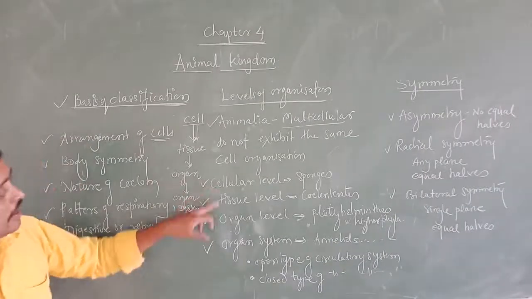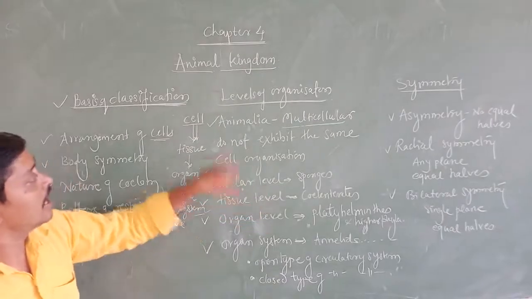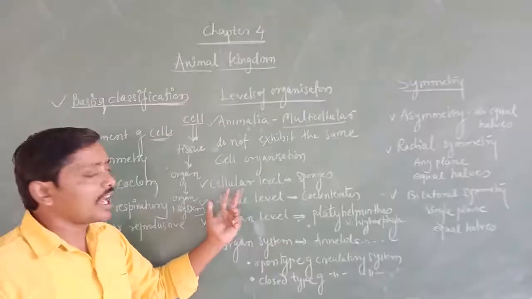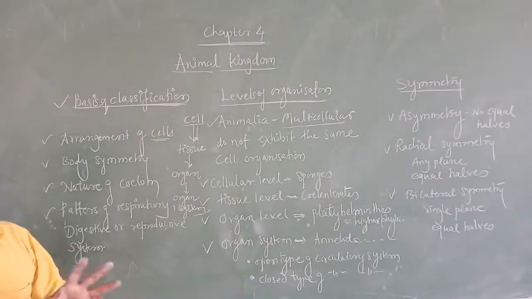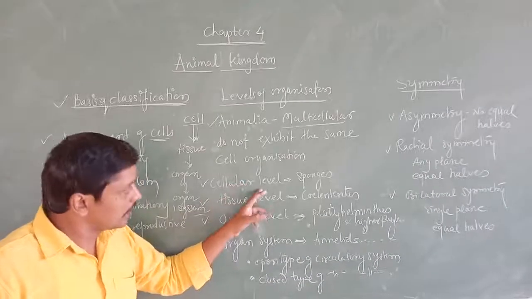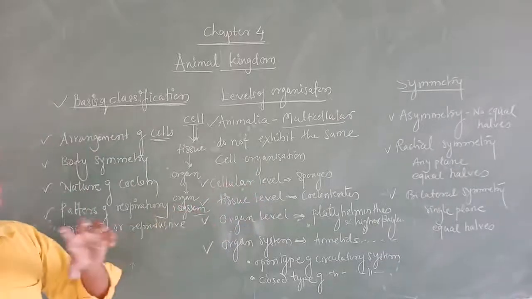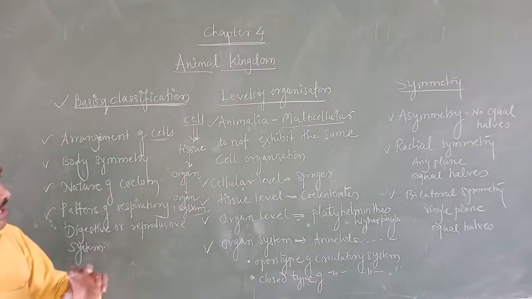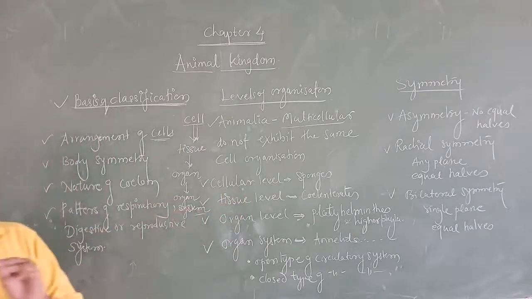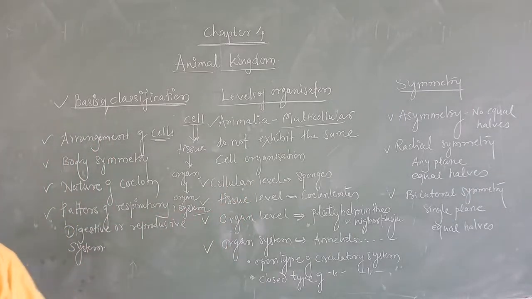Now, likewise, first we are going to study the cellular level. In the sense, here the cells are loosely arranged. They are not compactly arranged, they are loosely arranged. There are no compactly arranged cells.